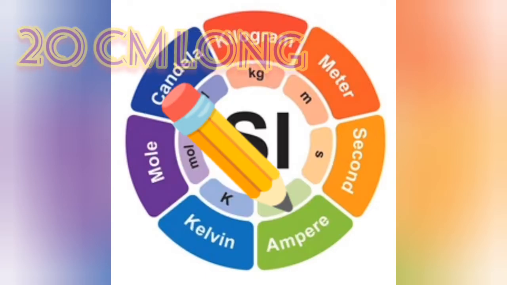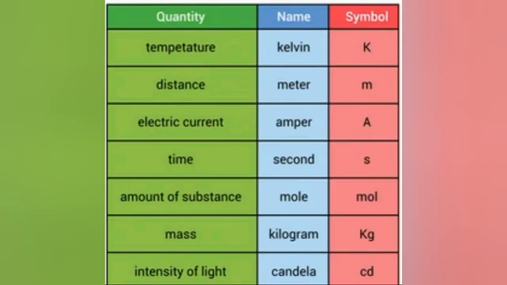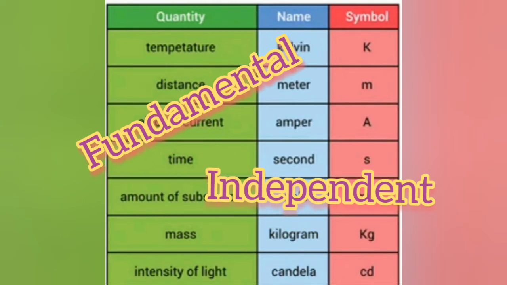So it will be 20 centimeter or 20 inches. That will be some meaningful word. So physical quantities are mainly of two types: fundamental and derived physical quantities.